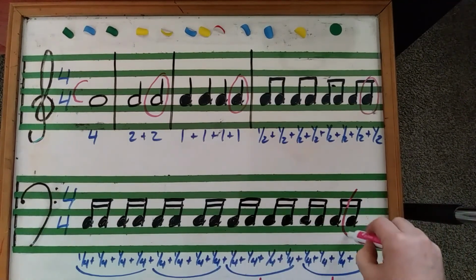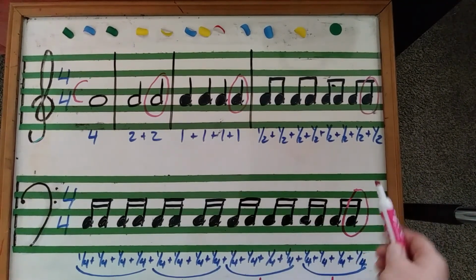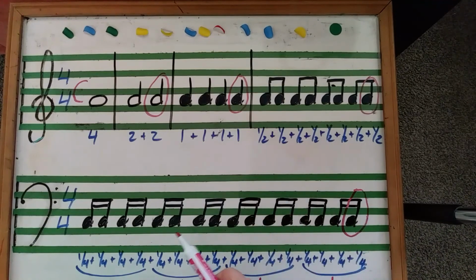And 1 of these notes is 1/16 of the measure, 1 out of 16, which is why it's called a 16th note. So now you know what the different types of notes are and why they're called what they're called.